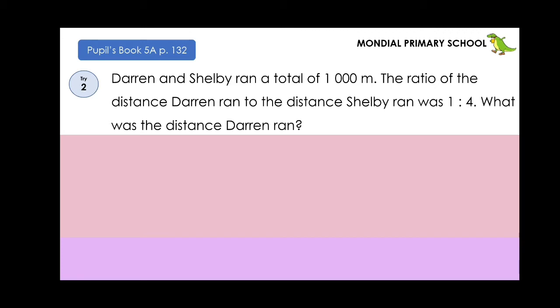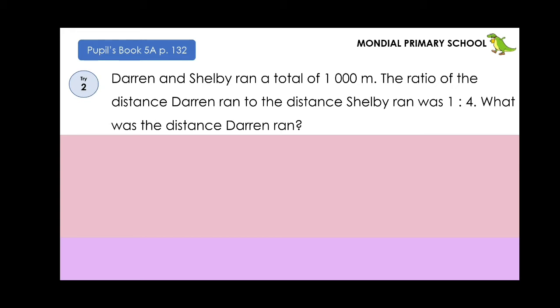Next, let's learn more about solving a math problem from Try 2 on page 132. First, let's read the question together. Darren and Selby ran a total of 1,000 meters. The ratio of the distance Darren ran to the distance Selby ran was 1 to 4.